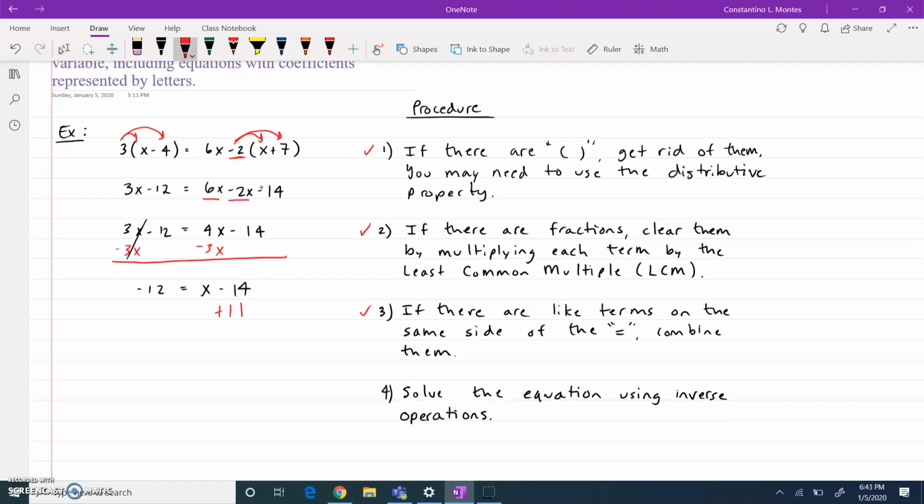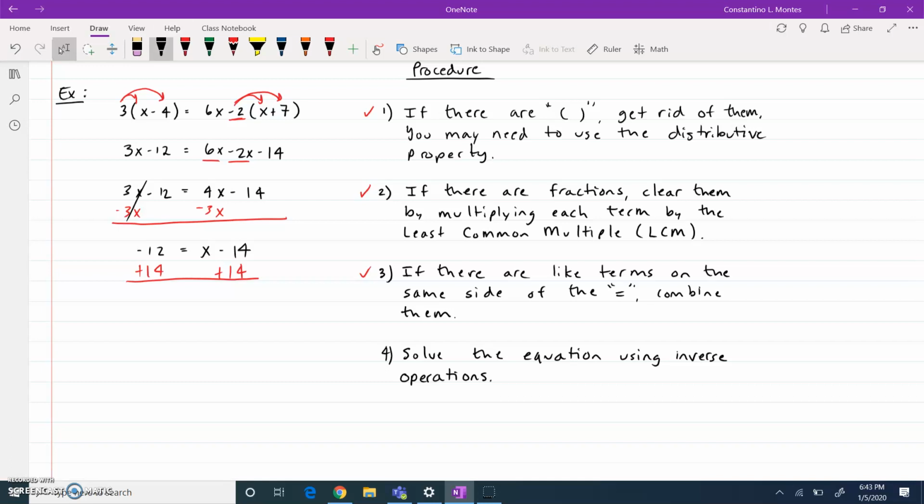Plus 14, plus 14 to this side. Negative 12 plus 14 is going to be a positive 2. And then I'm left with x. This turns into 0, and I'm just left with x equals 2. Okay, so it all worked out for us.